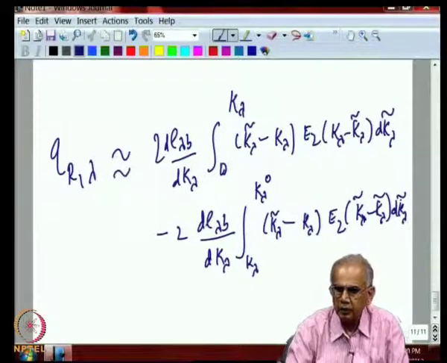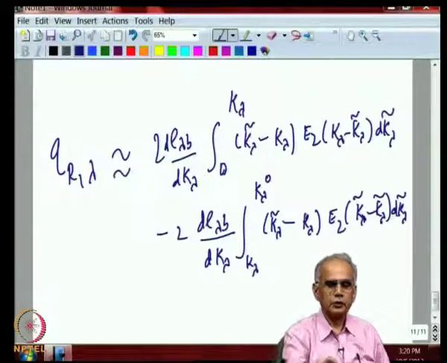Now, in the limit which is optically thick, this goes from 0 to infinity.